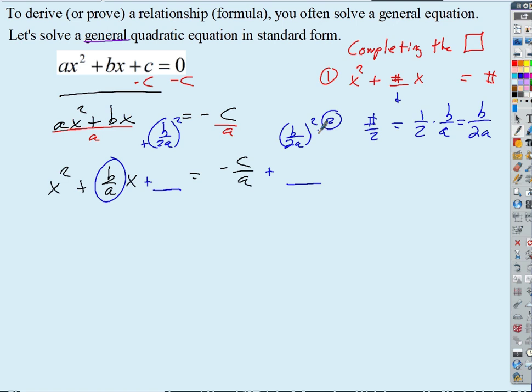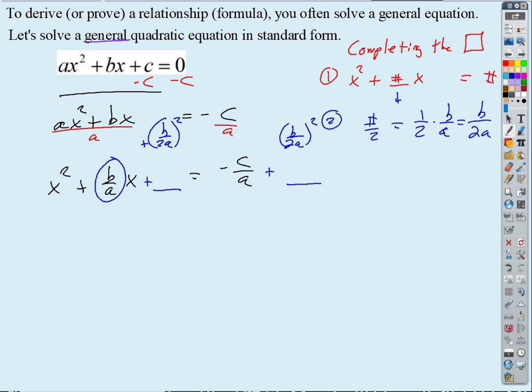What is b over 2a all squared? There's a property of exponents, and I don't want to get too off track on this, but we're going to see this really soon anyway. What if we did something like ab over c, squared?